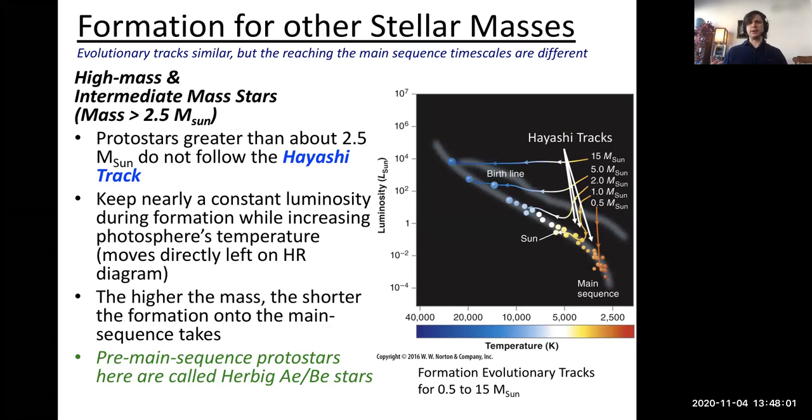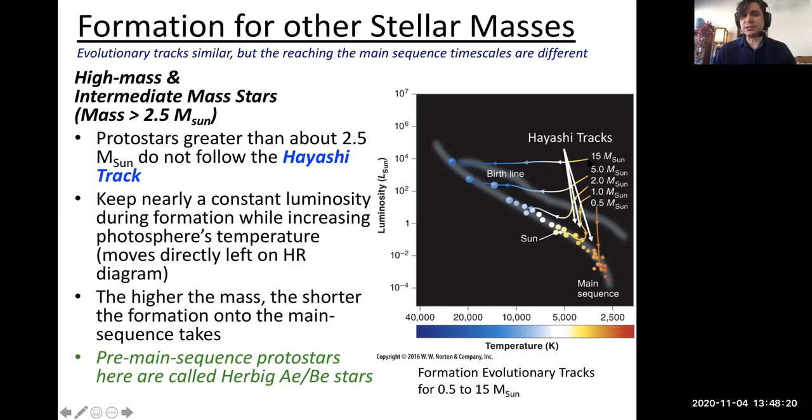And for the most part, the high mass stars have a relatively simple evolutionary track. It's not like the complicated case where we had our one solar mass that had the Hayashi track and then the Henyey track.